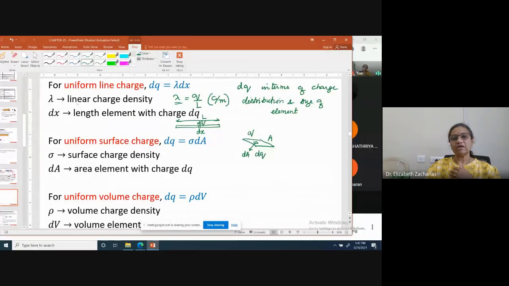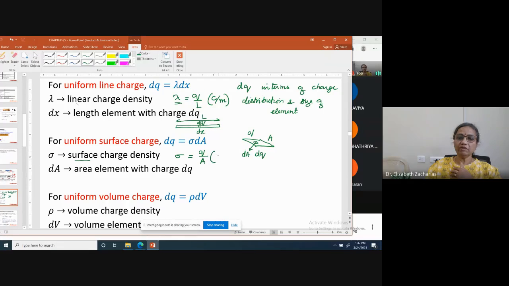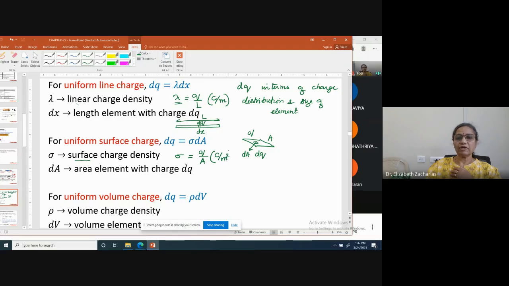Here the charge distribution we are talking about is going to be surface charge distribution. Surface charge distribution is denoted by the symbol sigma, and it will be total charge divided by area. And the unit will be Coulomb per meter square.